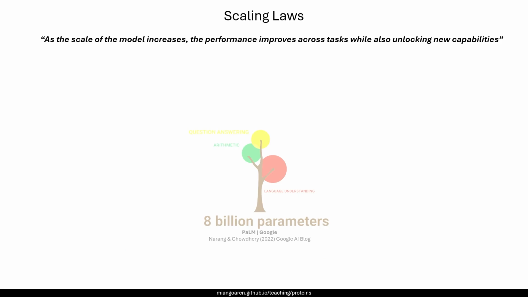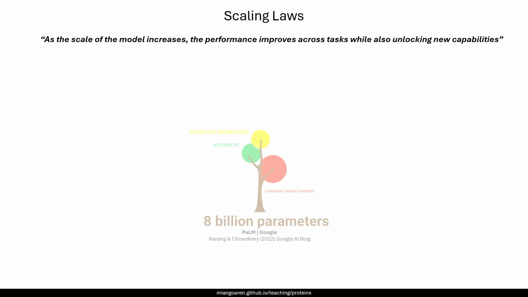What does this mean, what are scaling laws? In summary, it suggests that as we increase the complexity of the model through its parameters, its performance will improve and even unlock new abilities that were not really included at the beginning of this dynamic of only predicting the most probable token.